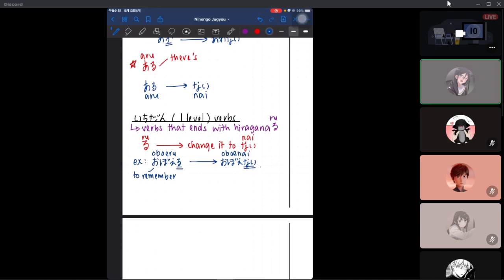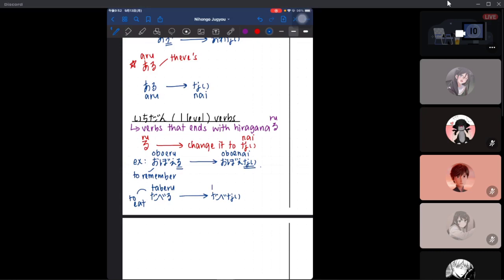Maybe another example, which is this one. Taberu. Taberu means to eat. If you change it to the negative form, yes, it will become tabenai. Yes, correct, Ella.